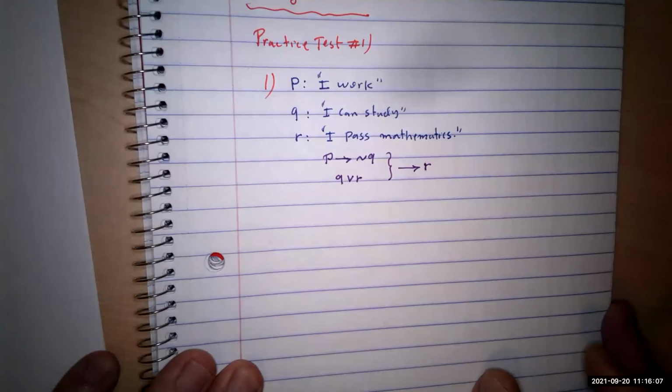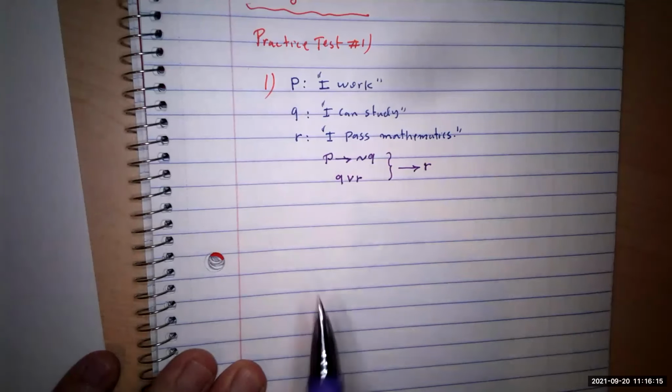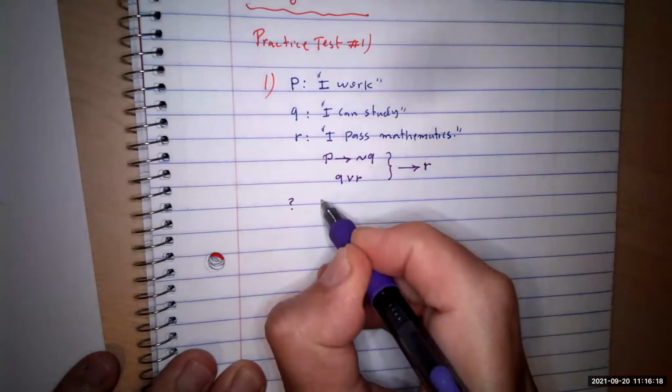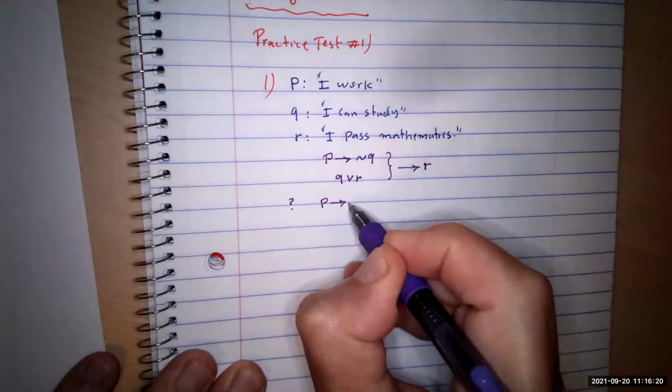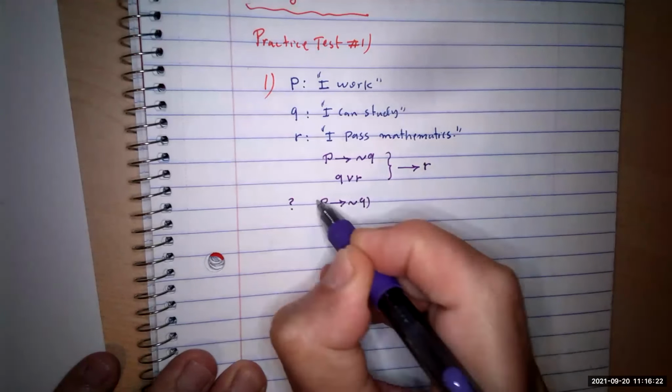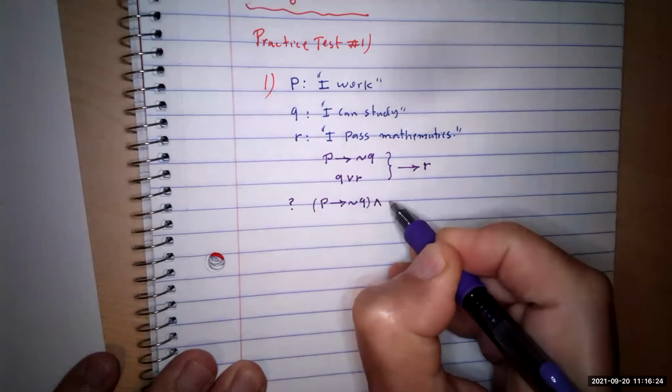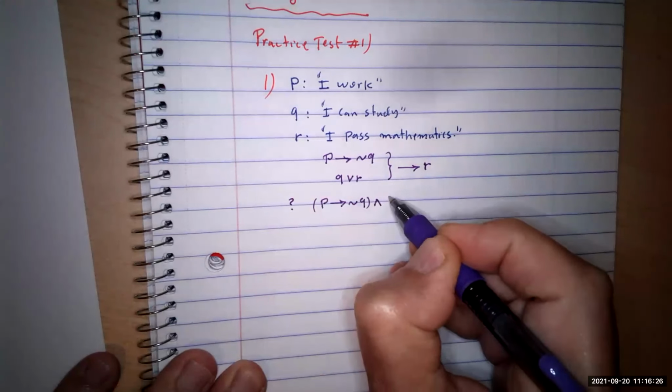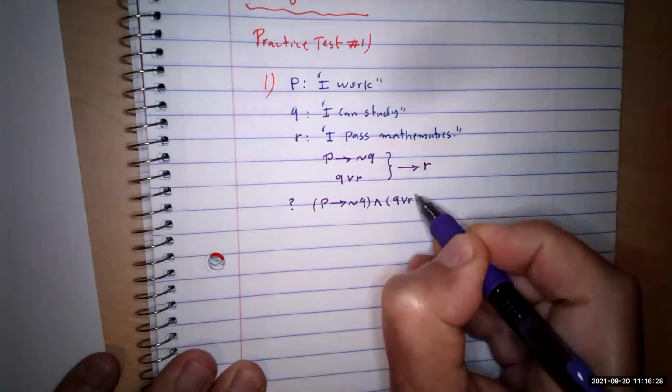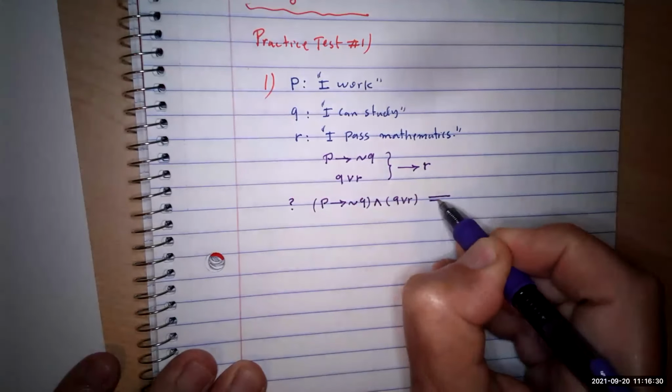Now you want to check if this is going to be a valid argument. This argument is going to be valid if, so this is what you have to check, you check to see if the first implication, that's the first one, and the second one, Q or R, should imply R as a tautology.